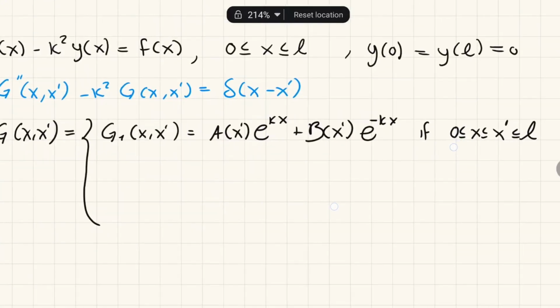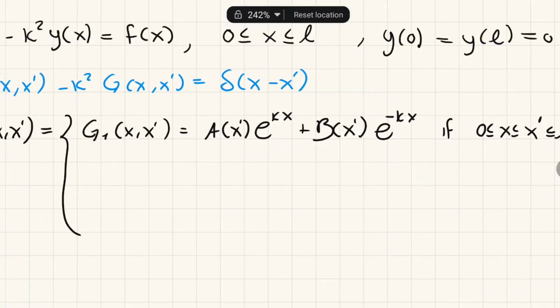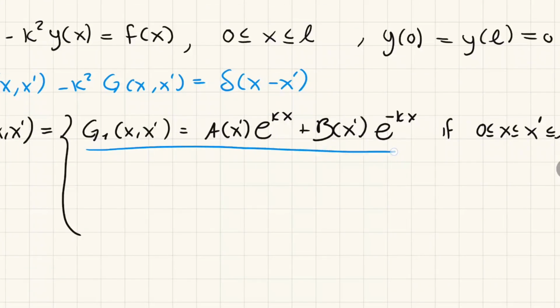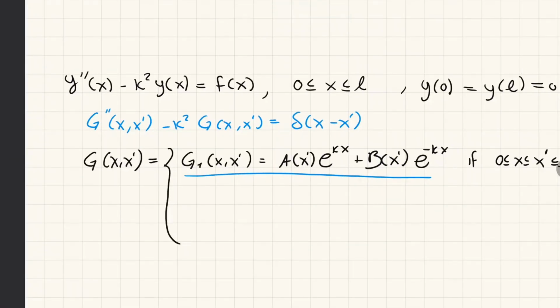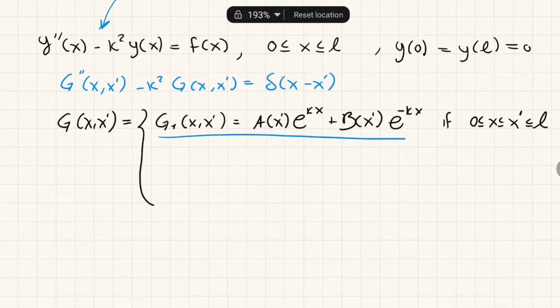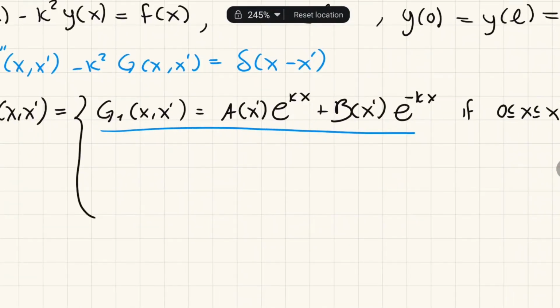So, I'm proposing this structure of the Green function because we know that the solution to the homogeneous version of this equation that I have here is of the form of a linear combination of exponential functions, right? So that's the motivation to propose the Green function as this.